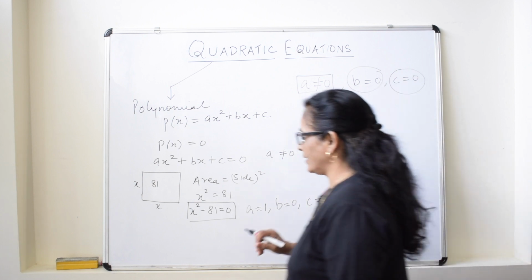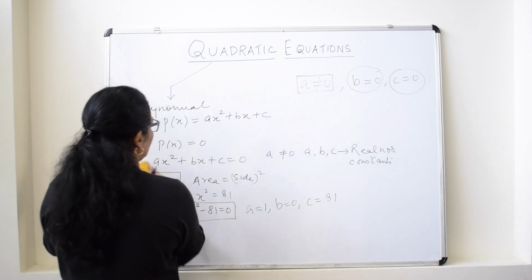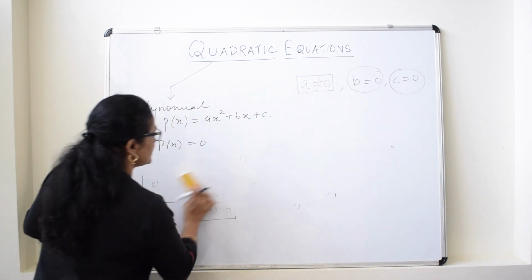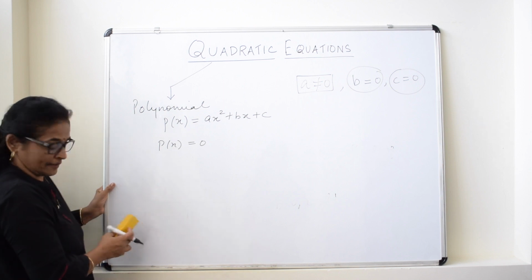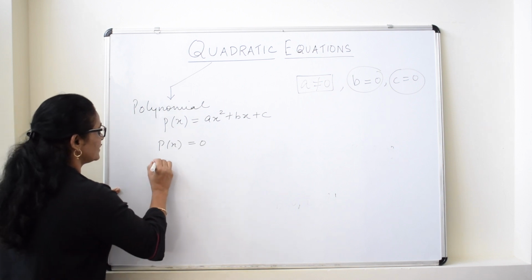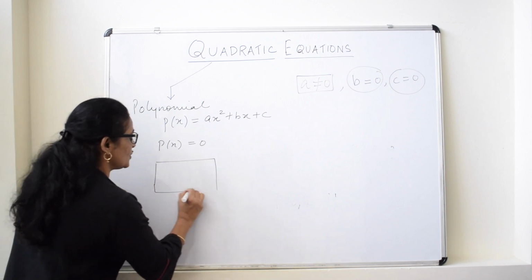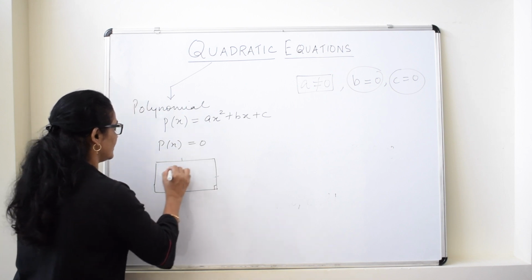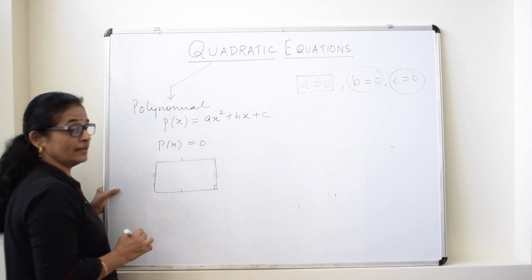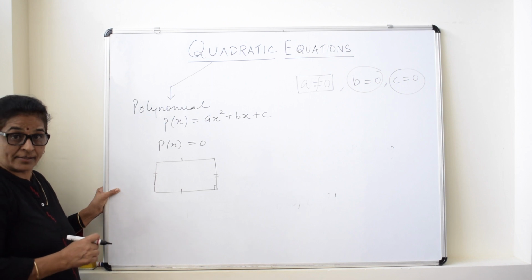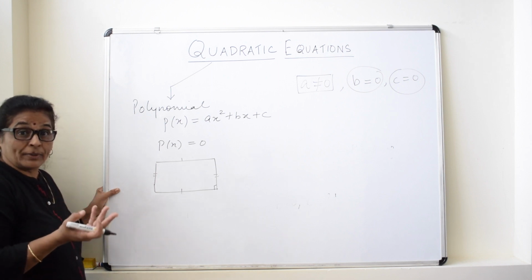Similarly, if we take another example, suppose there is a rectangle and the relation is given that the length of this rectangle is twice the breadth plus 1.